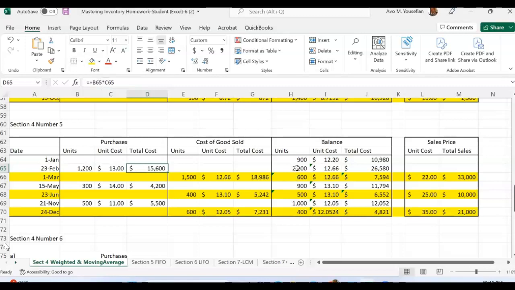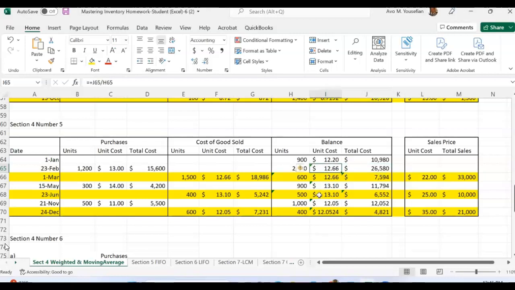So now you have to add. You go to this cell, you say 900 plus 1,200, that's 2,100. Then you go to this cell, you say equals 10,980 plus 15,600 is 26,580.